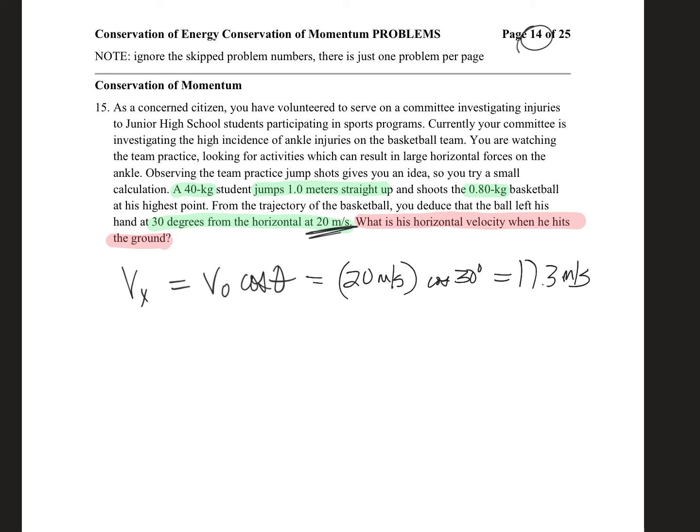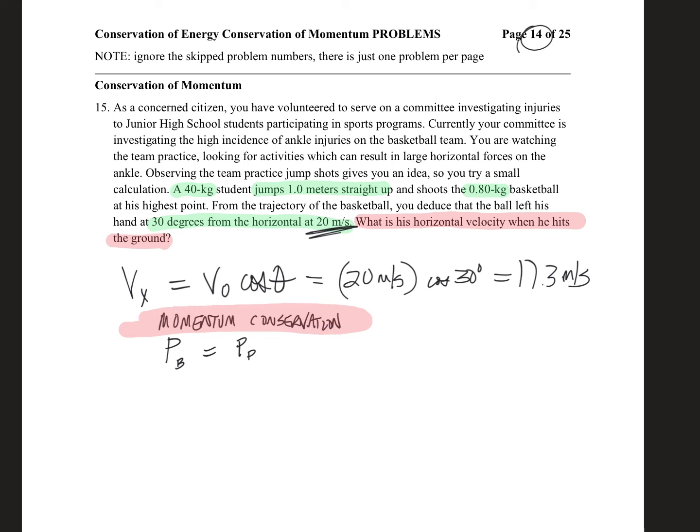And so the momentum of the basketball has to equal the momentum of the person, if you will. So these two things have to be related. So this is a momentum conservation. We've not talked about that in a while. You've read about it.